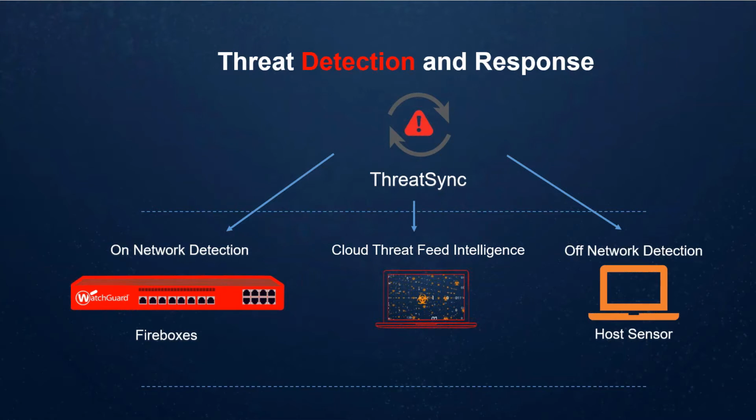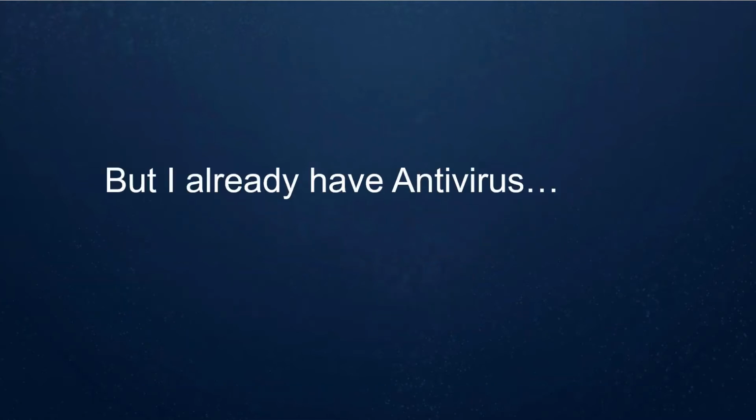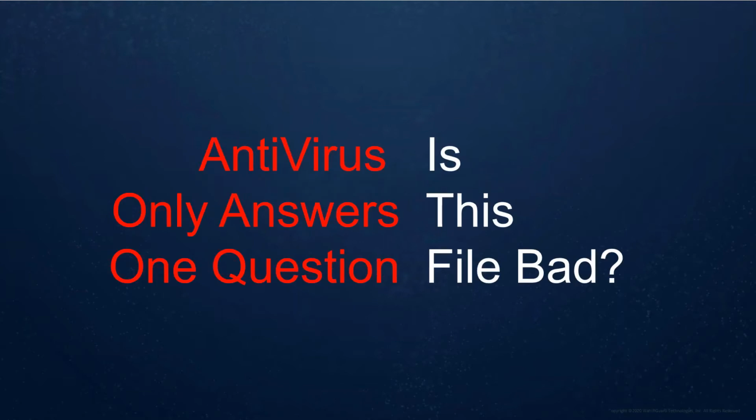Now, you might be saying, well, I already have antivirus, and that's true. But in today's more sophisticated threats, with things coming across the internet and different files, sometimes antivirus is only really able to look at that signature to determine if that threat is safe or dangerous.